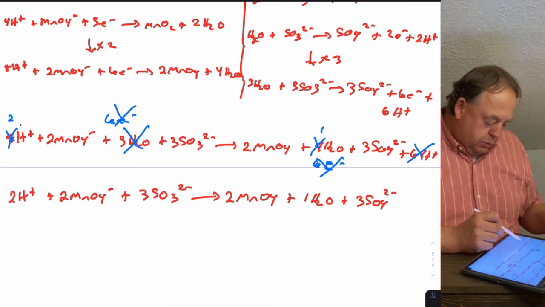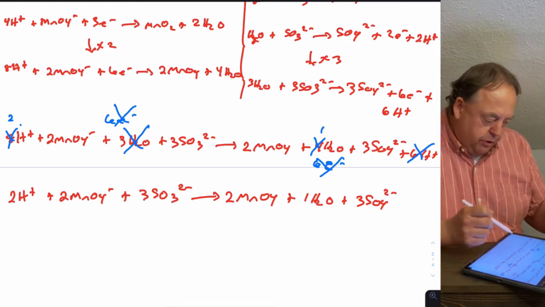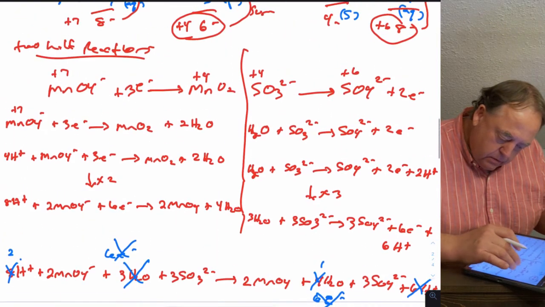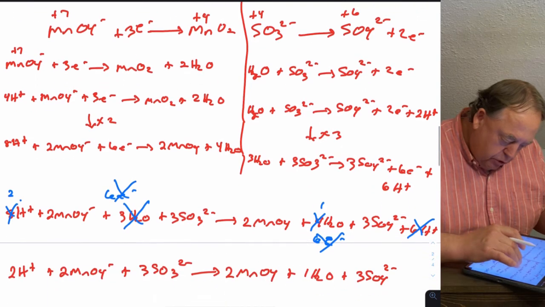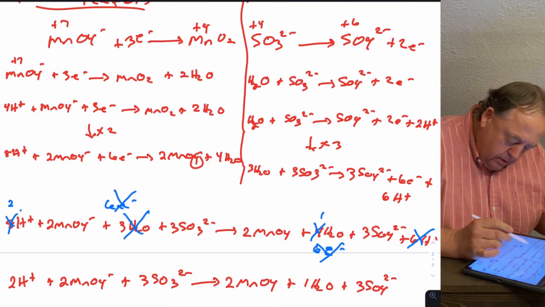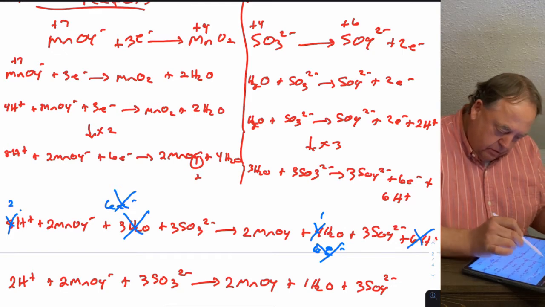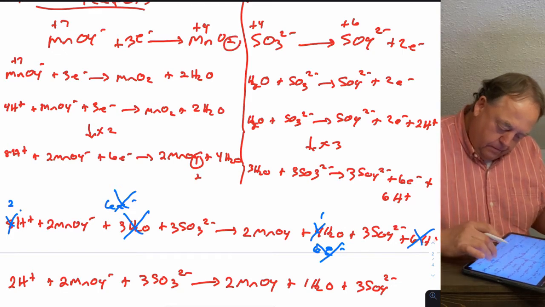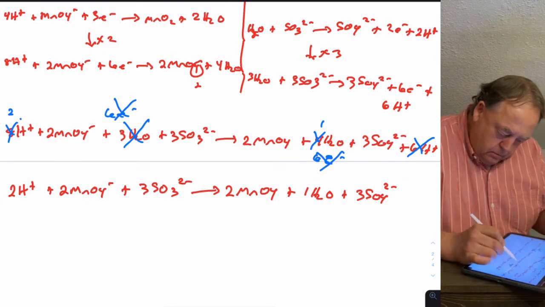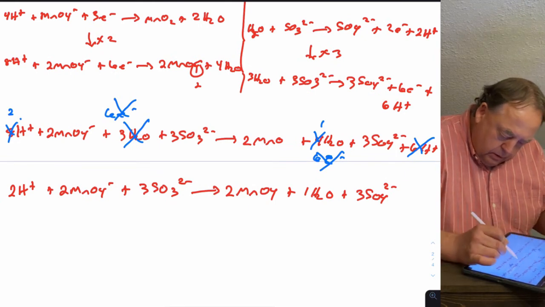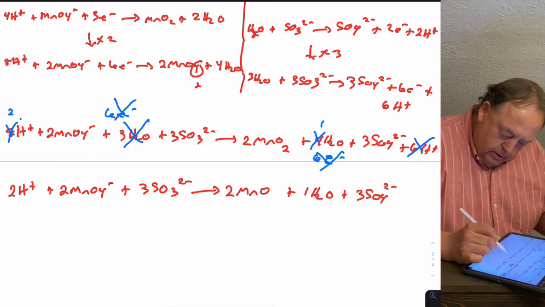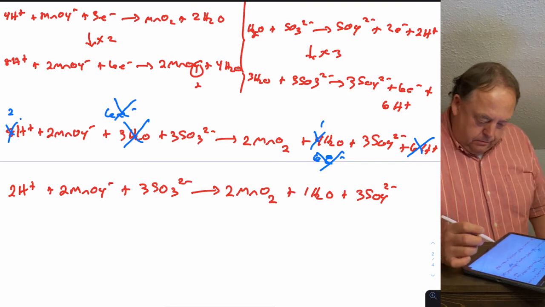Okay, so 2H plus plus 2MnO4 minus and 3SO3 2 minus to make 2, sorry, it should be MnO2, which I made a mistake here. Right, that should have been 2, because it was 2 here to begin with. So that's MnO2, and that's MnO2.